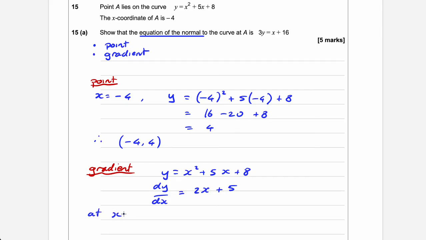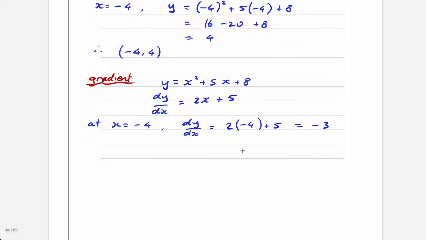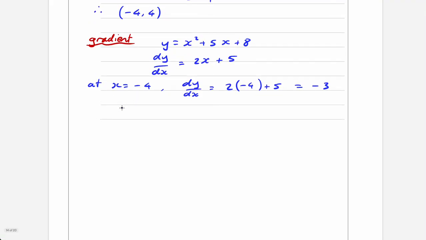At x equals -4, dy dx equals 2 times -4 plus 5, minus 8 plus 5 is -3. Okay, so now I have the gradient of the tangent, but I want the gradient of the normal. So m tangent is equal to -3, but m normal is equal to 1/3.